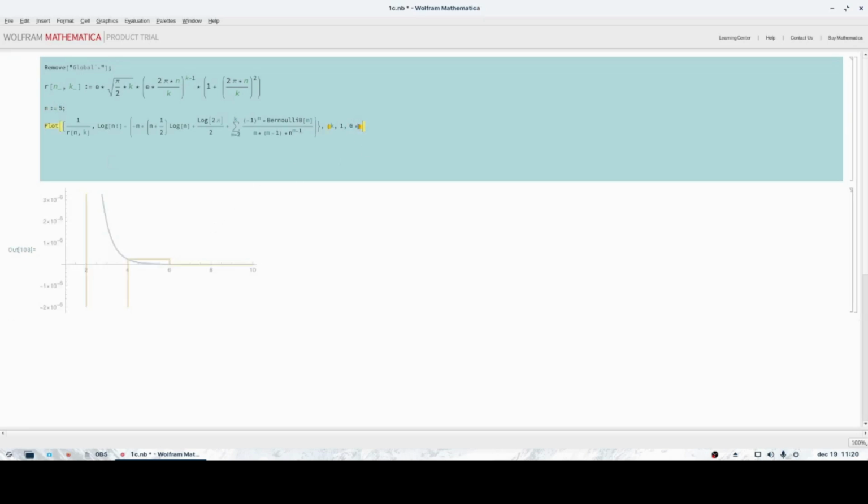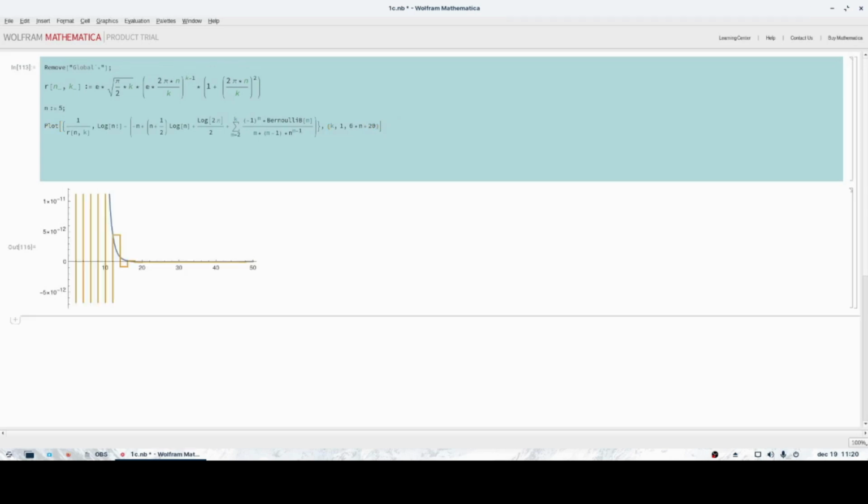Better to put here n because these are the normal values, but let's see what's happening after the best value.